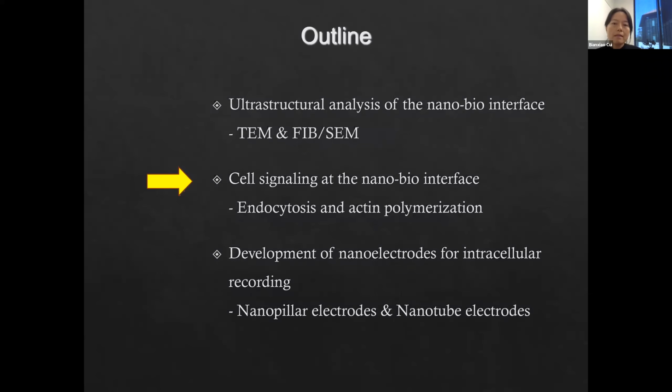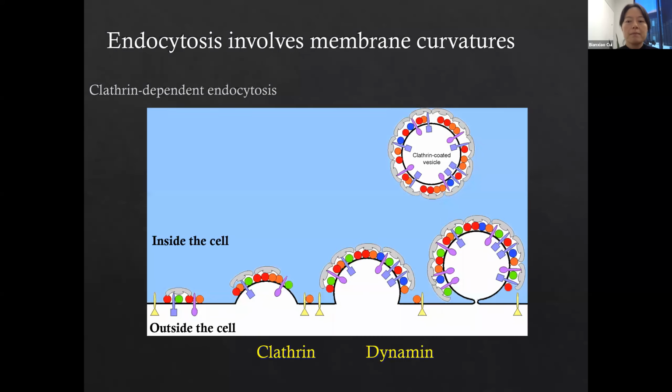So here I go to the second half of my talk, where we really delve into the mechanism of how cells sense different surface topography. From our electron microscopy study, we know that when the cell wraps around a nanopillar, it locally and pretty severely deforms the cell membrane, because it has to wrap very tightly around it.